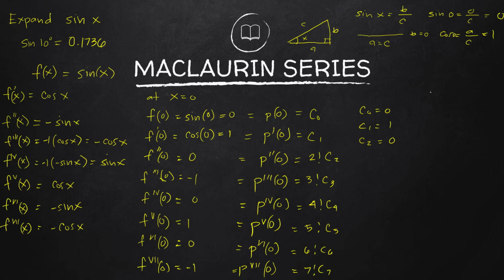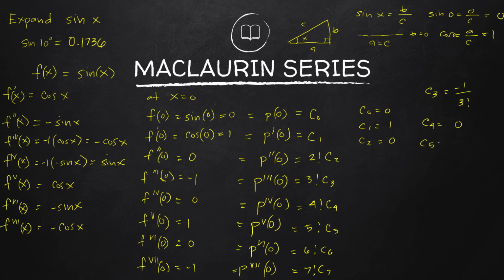C sub 3 is equal to negative 1 over 3 factorial. Correct? Cross multiplication. C sub 4 is equal to 0.